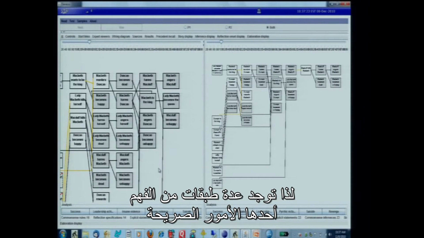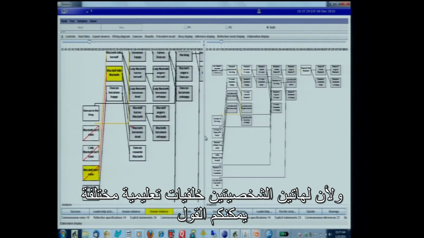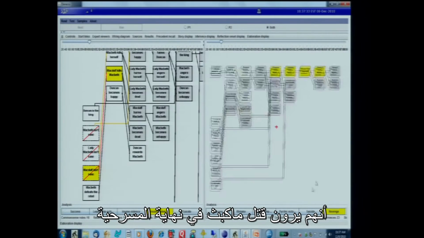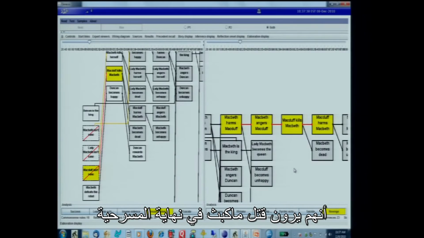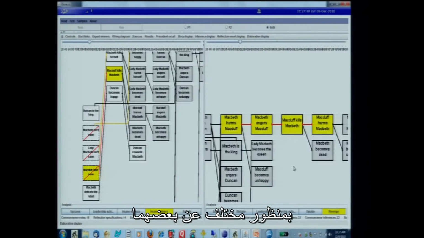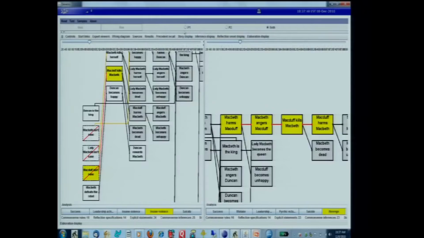One is what's there explicitly, and another is stuff that's readily inferred. And because these personas have different educational backgrounds, they see the killing of Macbeth at the end of the play in a different light from one another. One sees it as an act of insane violence, and the other sees it as a consequence of revenge.